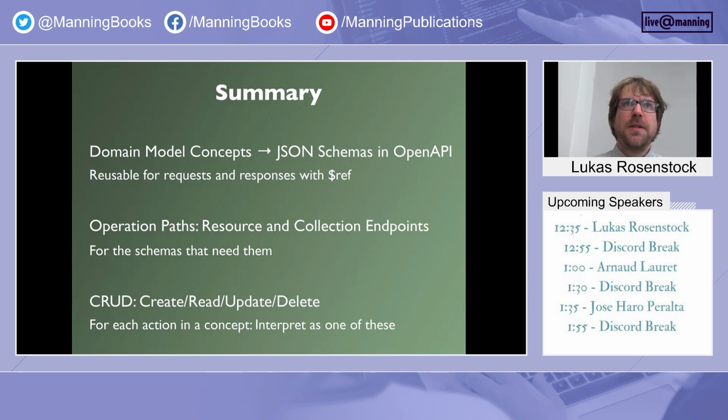To have a consistent architecture, we can use resource and collection endpoints as our operation paths. We may not need to add all of them, but for the schemas where we have actions that need them, we can add those paths. And then by having the CRUD actions, create, read, update, delete, which roughly map to HTTP verbs, we can look at all the actions in our concepts and try to interpret it as one of these, and based on that, add it to our API design.